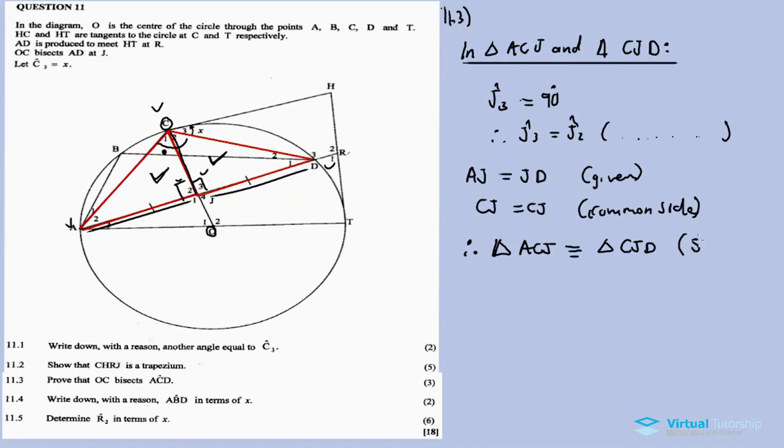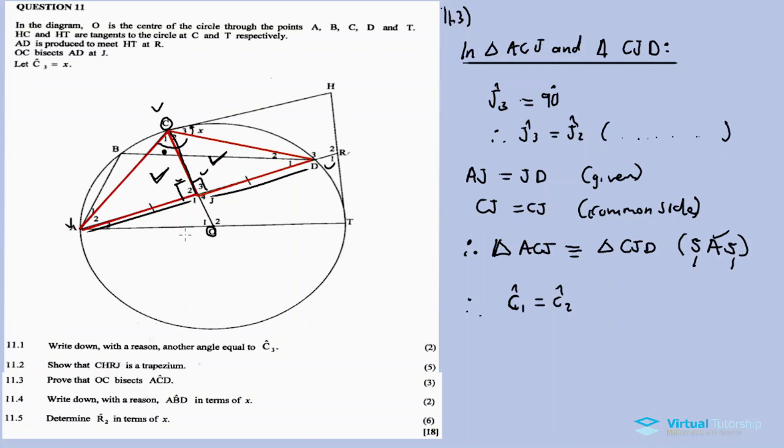We proved the side, angle, side. We proved the sides are equal and we proved that the angles are equal. So therefore, look now at C1: angle C1 is in fact equal to angle C2.